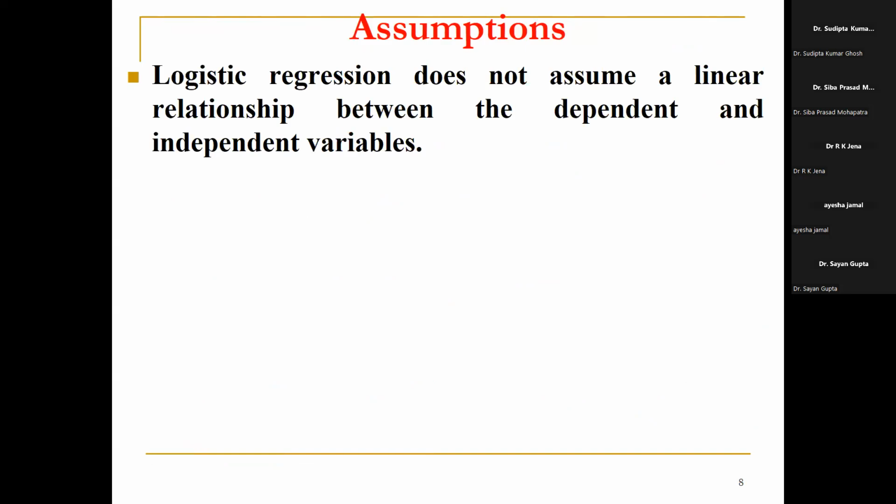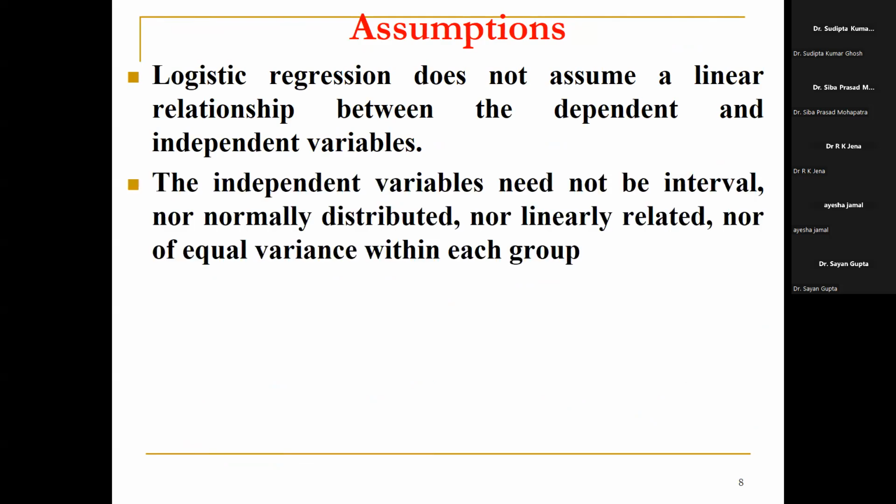Logistic regression also has some assumptions to consider before doing any type of statistical calculation or statistical model. First, logistic regression does not assume a linear relationship between the independent and dependent variables, as opposed to the linear regression model.